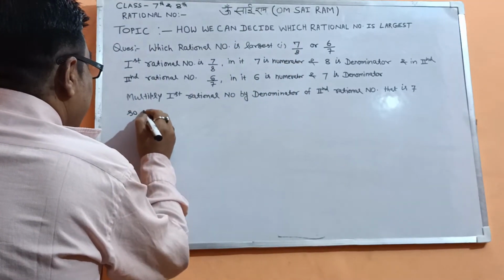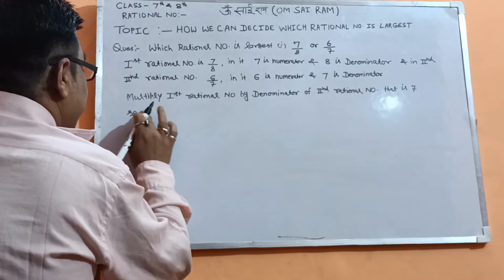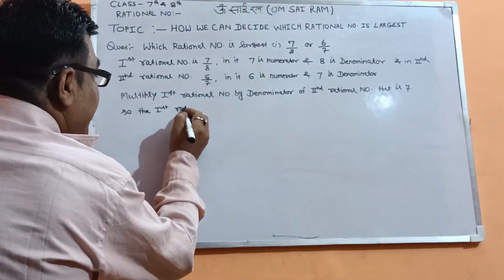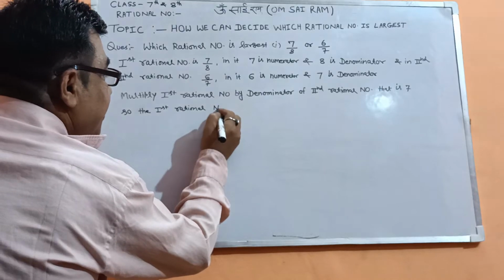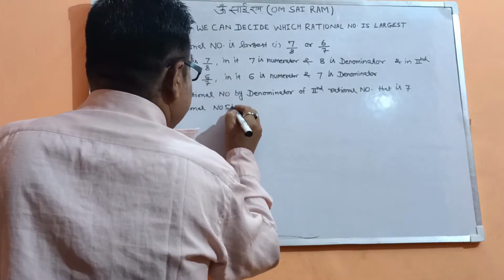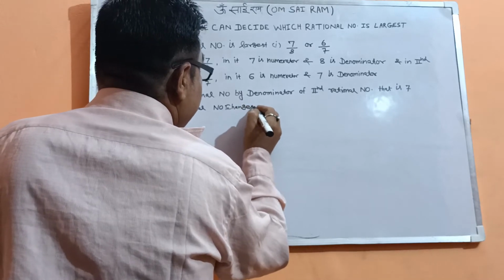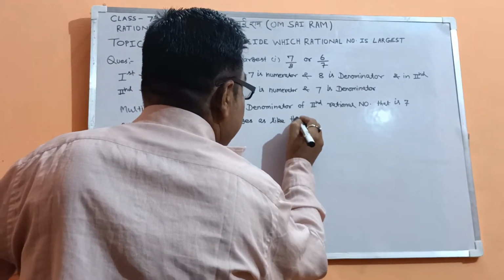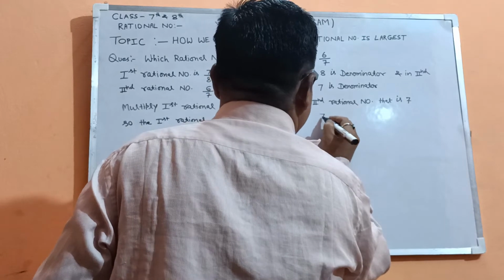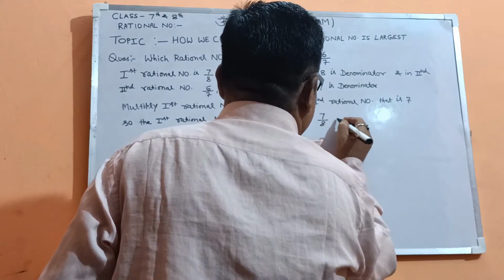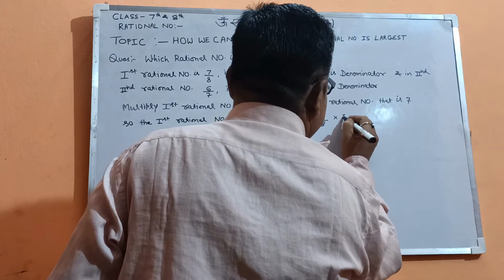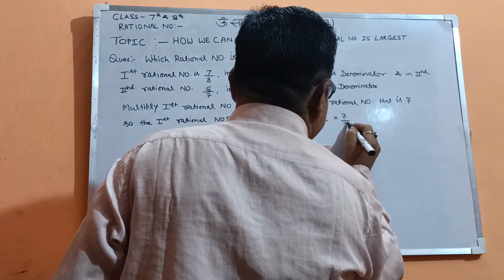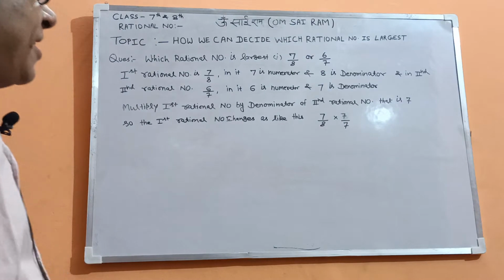So the first rational number changes like this: 7 by 8 multiplied by 7, the denominator of the second number.